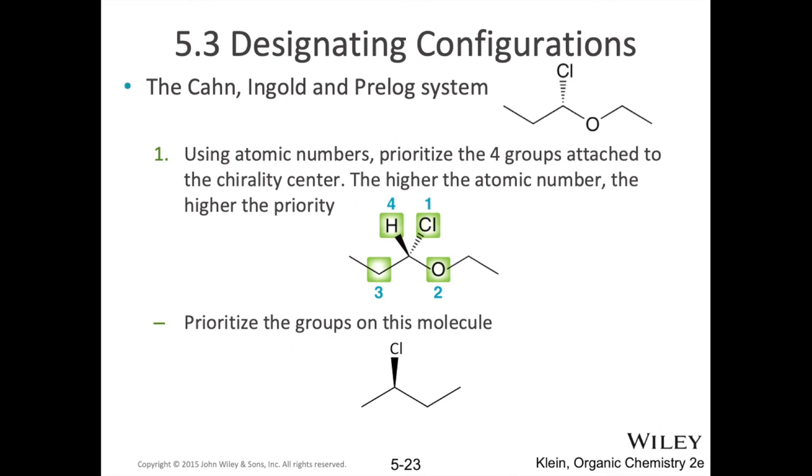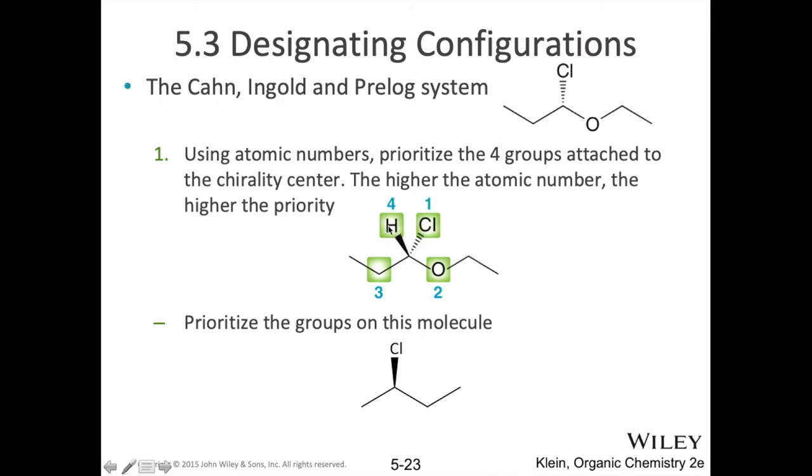So basically, the way to write this out would be to point that hydrogen away from you and see which order your groups are following, whether, going from chlorine to oxygen to carbon, that's going clockwise or counterclockwise. Now, the way I just did it there looks like it's counterclockwise, but this is actually not shown the right way for you.